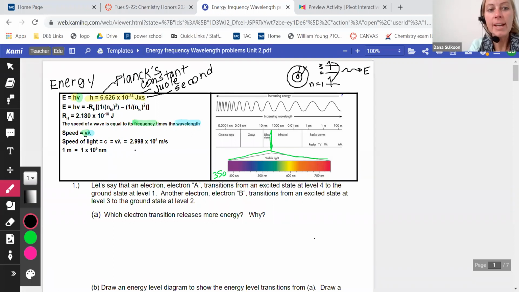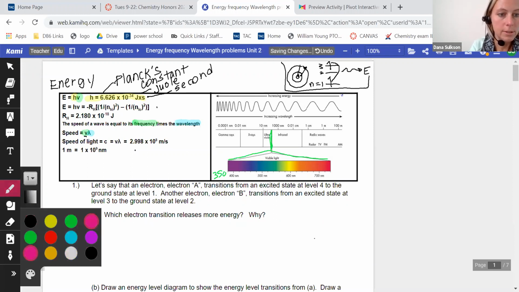Let's say I don't know frequency. I only know the information that Mrs. Selkson wrote up here. I only know, for example, that the electron went from energy level 3 back down to energy level 1, and it emitted energy. You can do a calculation by using, oh no.